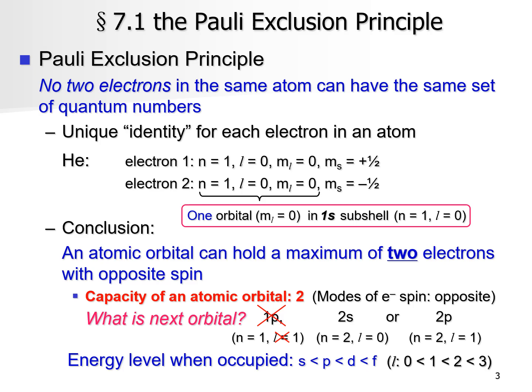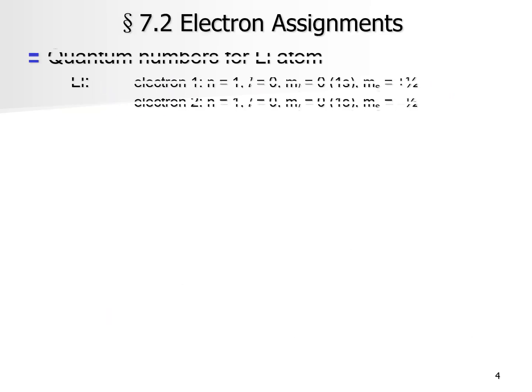Having said that, we realize that between s and p, it is the s subshell that the electron should go to. All right, let's talk about my favorite element, lithium, Li.